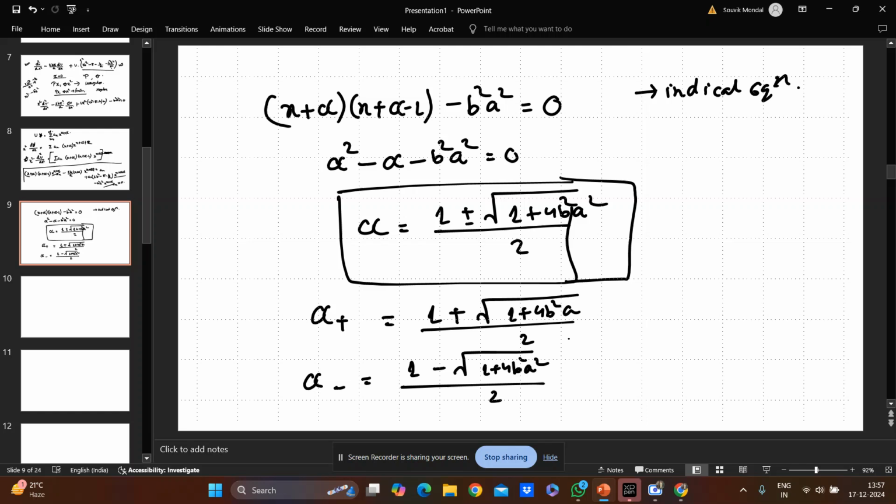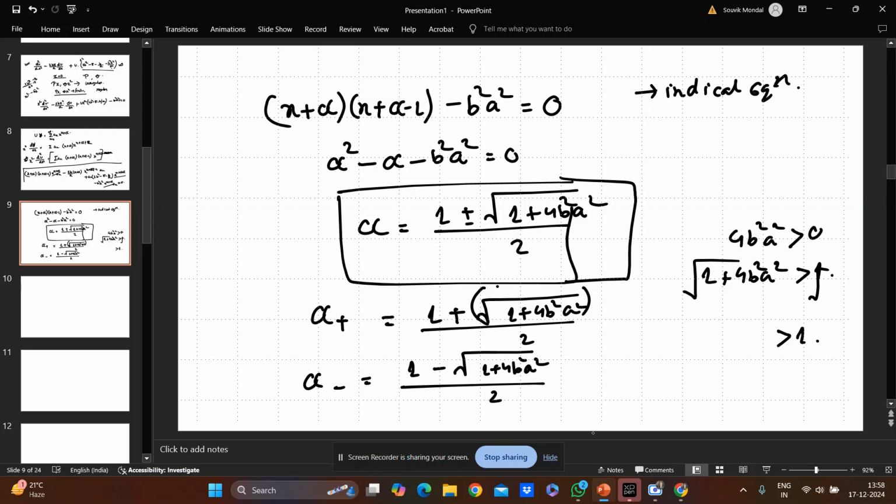So now look at this term, 1 plus root under 1 plus 4b square by a square. So 4b square a square is surely greater than 0, it's a square and positive quantity. So 1 plus 4b square by a square is surely greater than 1, and if you take a root under, then it will be surely greater than 1.